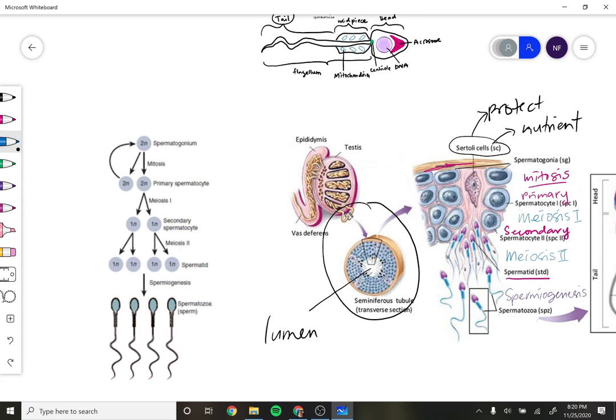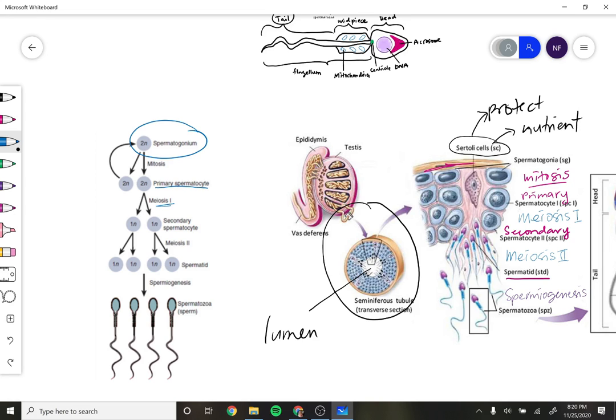Now, let's look at the diagram that shows the ploidy number of each stage of spermatogenesis. Spermatogenesis starts with the spermatogonium, which is diploid, undergoing mitosis and producing a primary spermatocyte. Primary spermatocytes are still diploid.